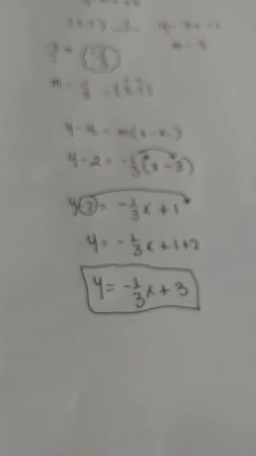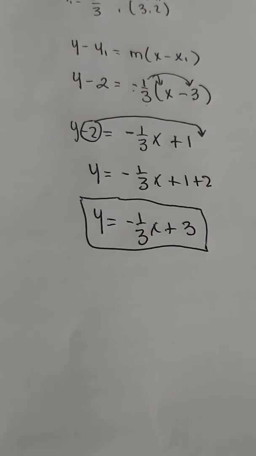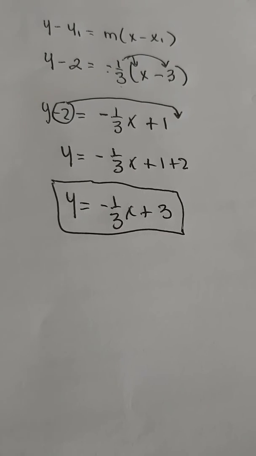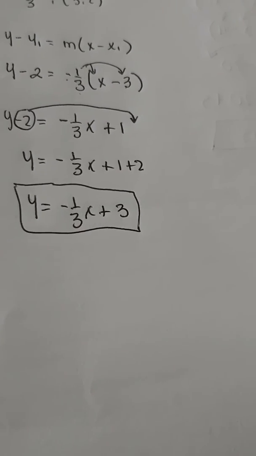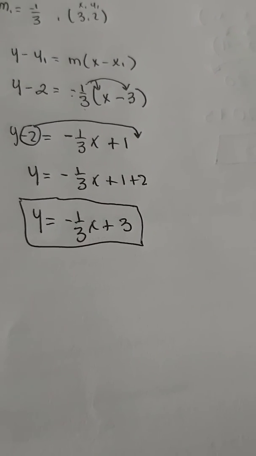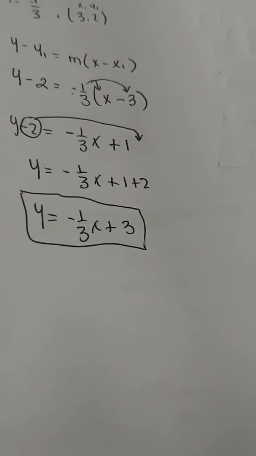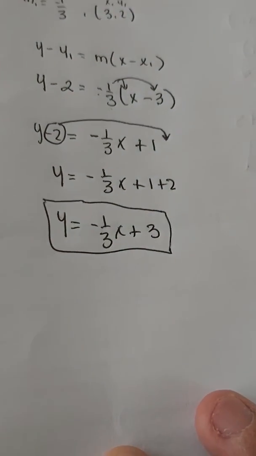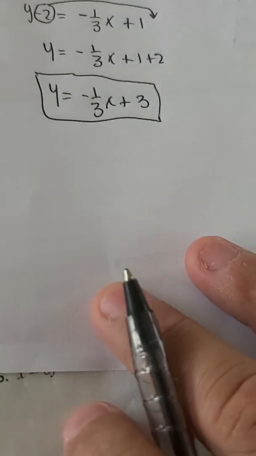And that will be the equation of the line in slope-intercept form that passes through point (3, 2) and is perpendicular to the line described by y equals 3x minus 1. Okay?